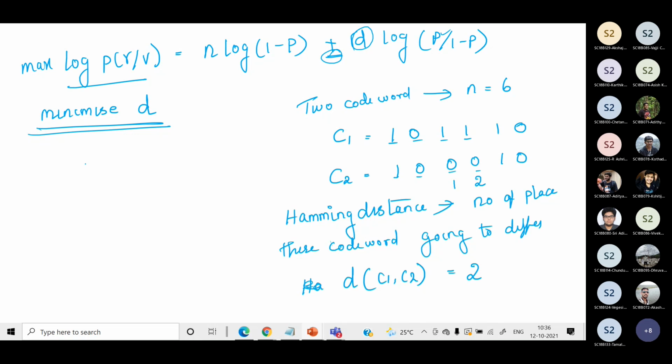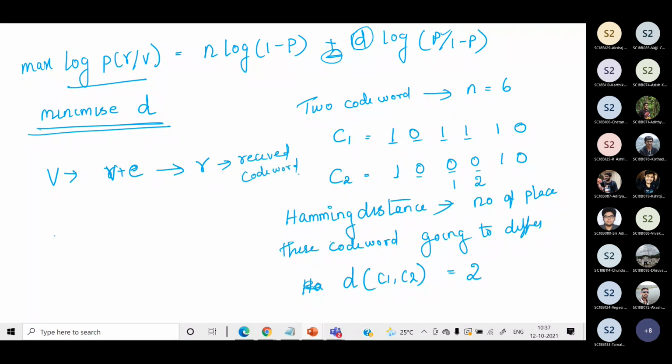For example, B is transmitted. Based on the error at the channel, I am getting R as the received code word.